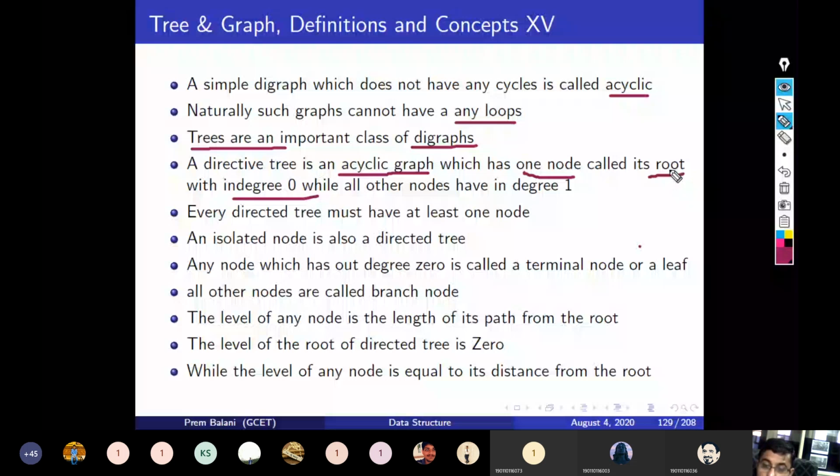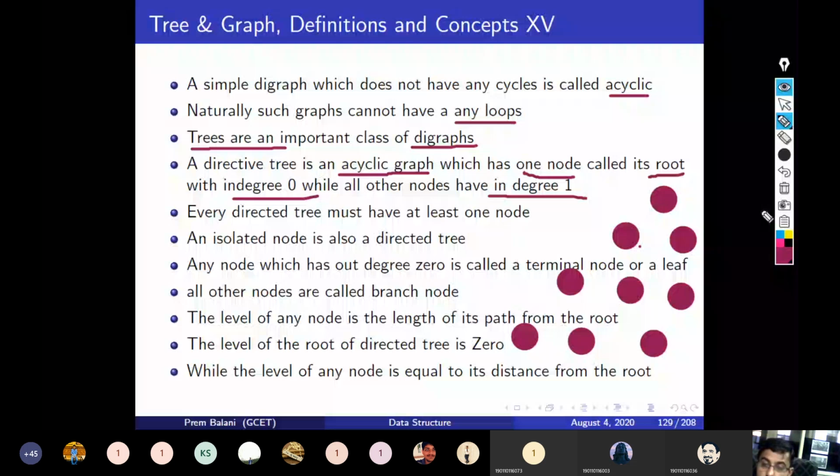So if I draw the tree here, suppose this is a tree. I am not drawing arrows because you have to think that all arrows are downwards, right? So this is acyclic.